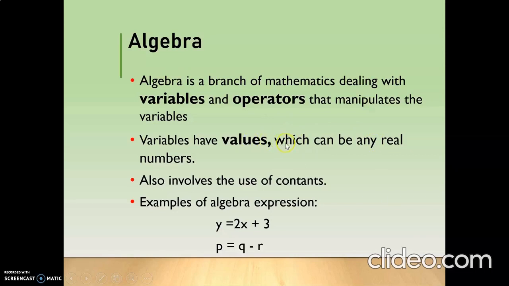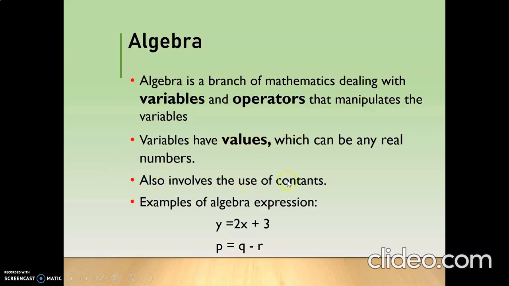The numbers can be small numbers or big numbers, whole numbers, decimal numbers, fractions or something like that. So the variables in algebra can have many types of values, any values.